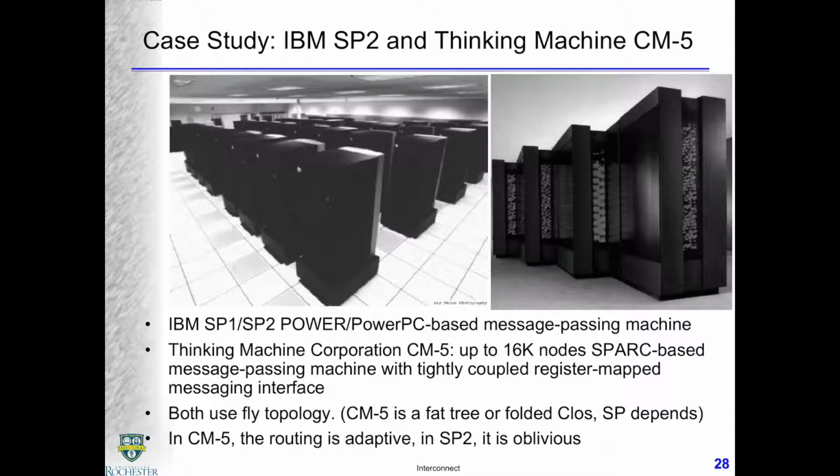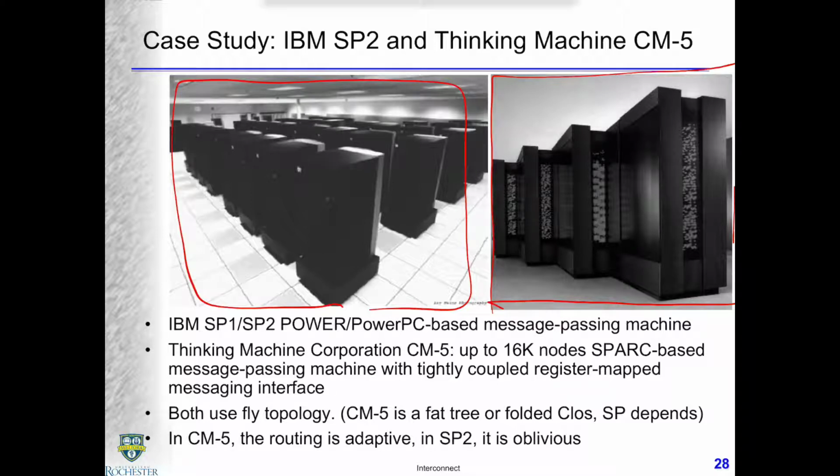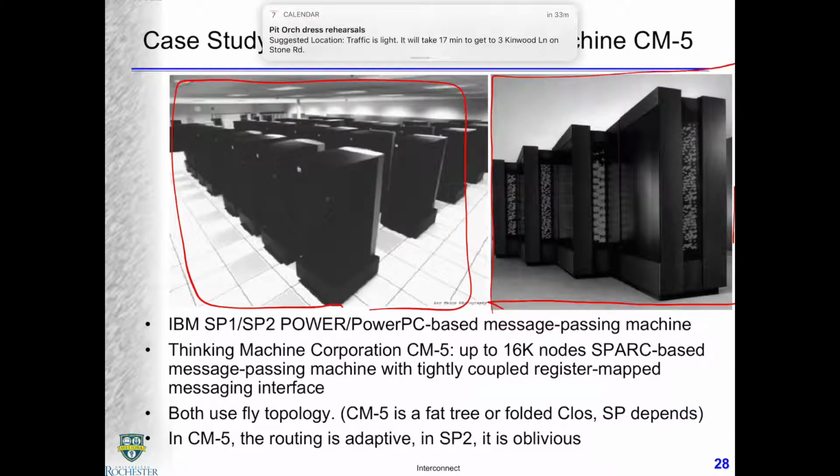They have their specialized network or router cabinet. So that's IBM's SP2 on the left-hand side. The right-hand side is a machine from a company that unfortunately went down. I can't remember if they got bought up or they just died off. It's Thinking Machines company.